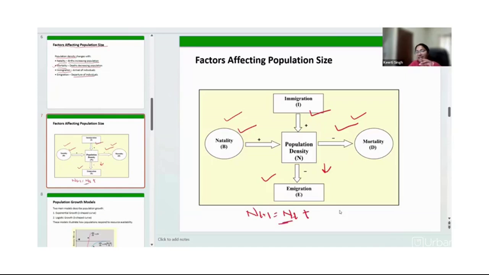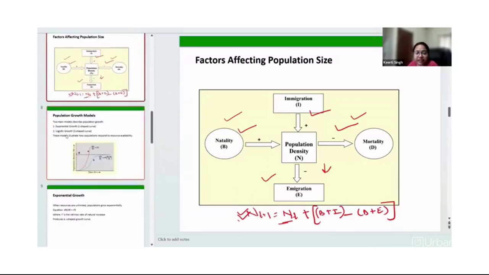Population that was present at that particular time, right? And the total of natality, birth rate and immigration, minus the total of death and emigration, right? So this will tell the population density at a particular period of time, right?